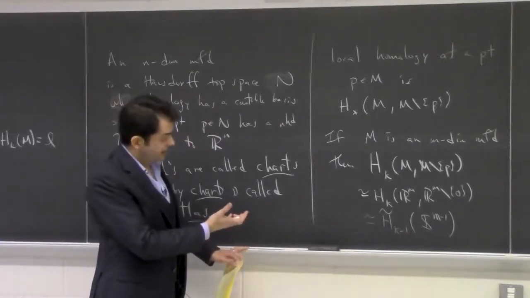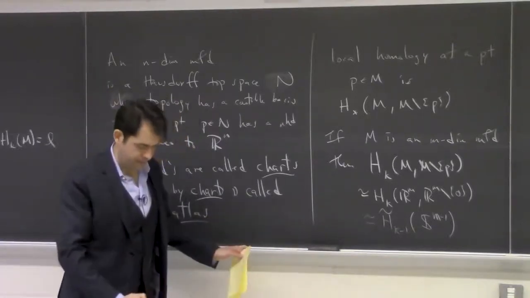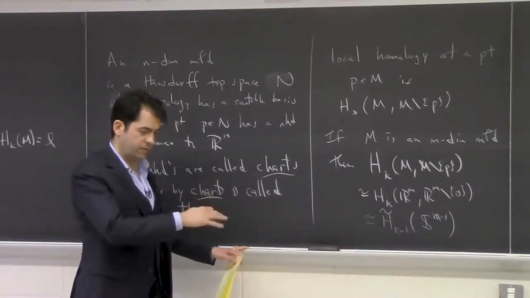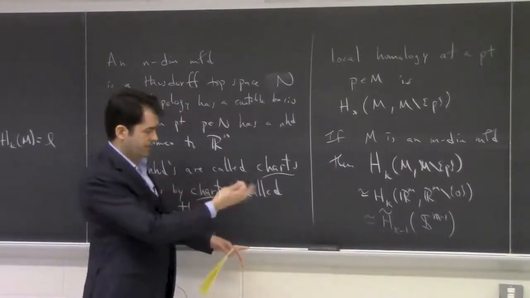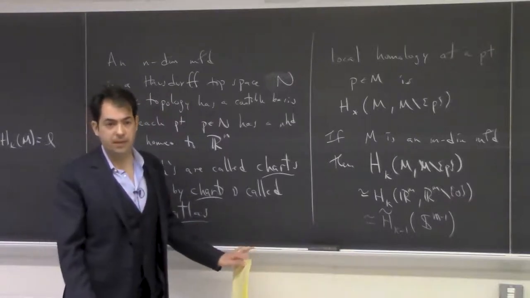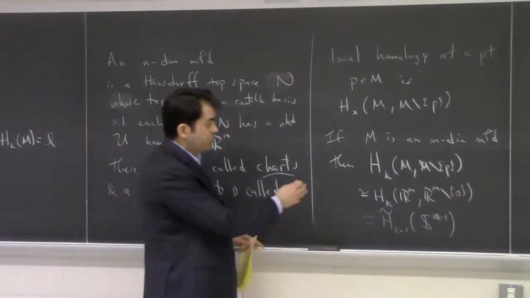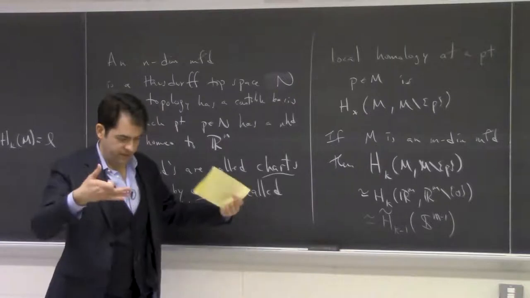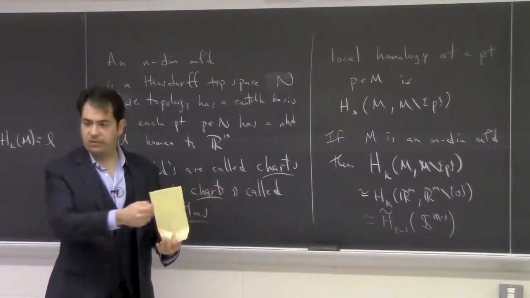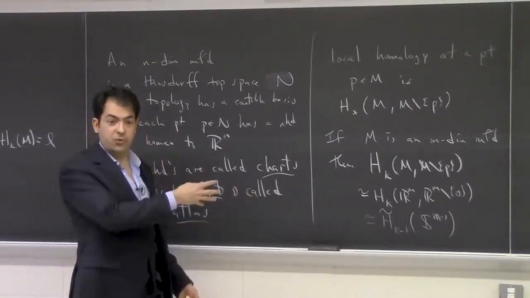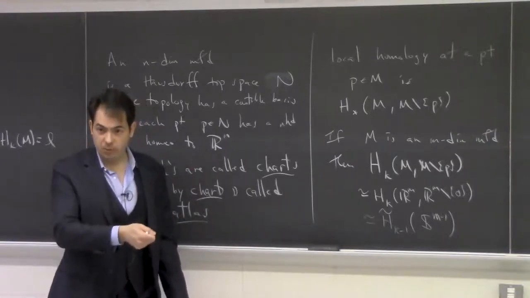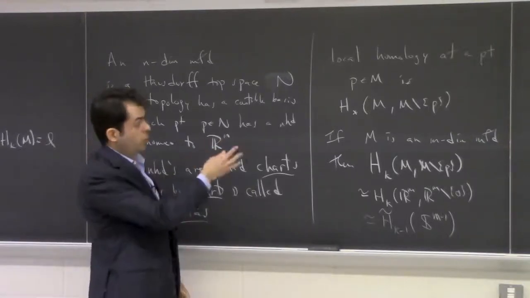And this tells us that the manifold is uniformly of a given dimension. So that is to say, if you had something that wasn't a manifold that had, say, some conic singularities or something, then the local homology would point out where the conic singularity was. It's where the local homology would change.